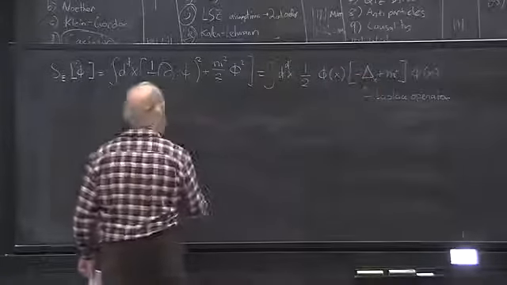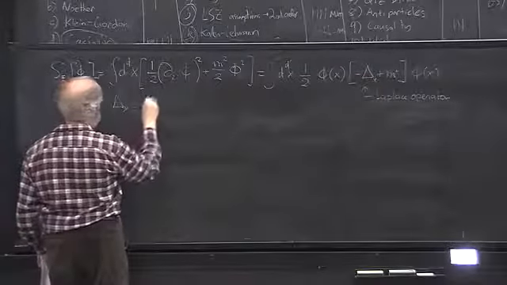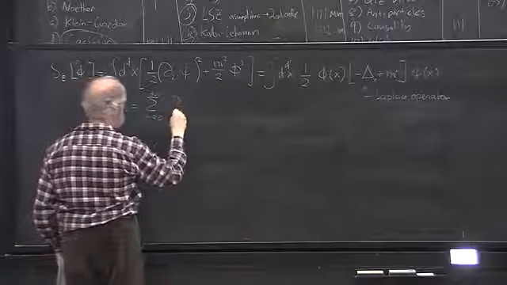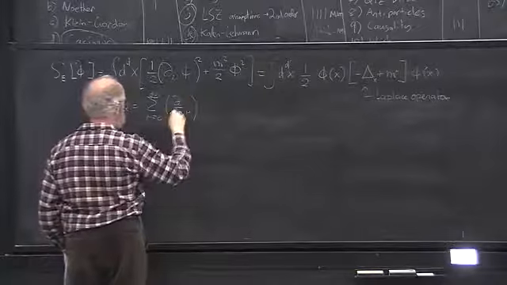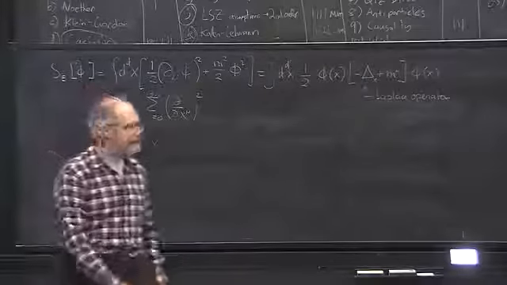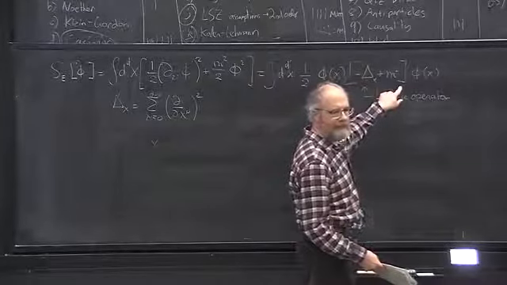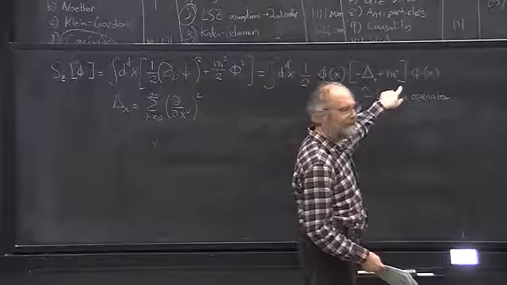Delta is just the sum from mu equals 0 to d minus 1 of d over dx mu squared. So this object is a positive definite differential operator.